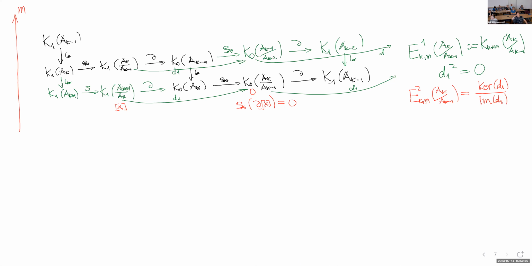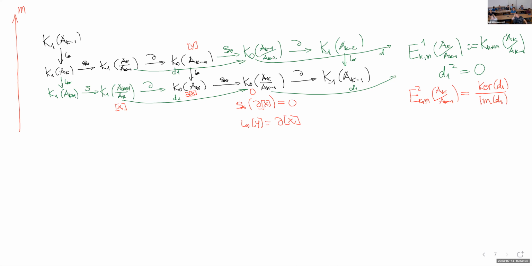Here we have our delta x. But since it's in the kernel of rho star, and this is an exact sequence, this comes from one step up. So here we get a y such that y star becomes our delta x.